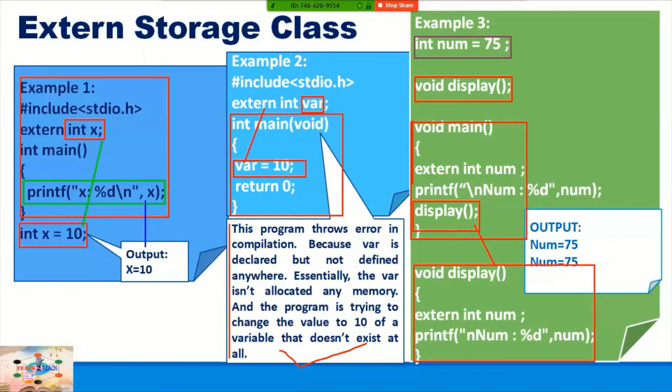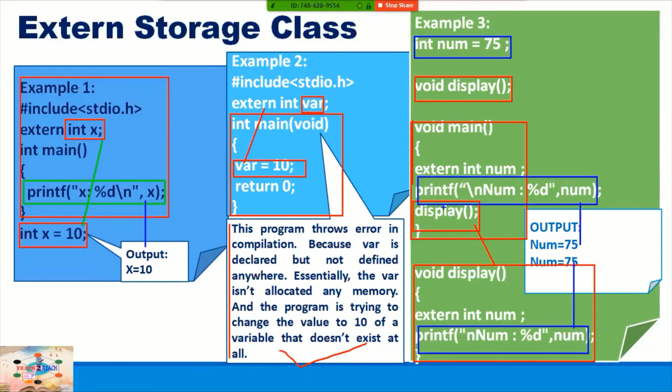In this case, the num variable will occupy memory, and within that memory 75 will be stored, and the same value will be displayed with the help of this printf statement, so the output will be 75. In the main function also, with the help of this printf statement, the first time the output displayed is 75.